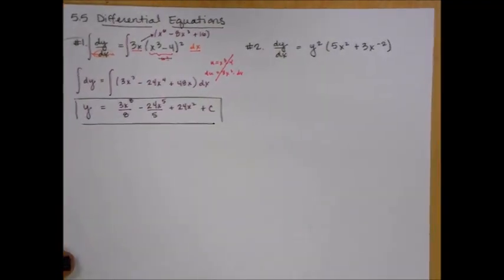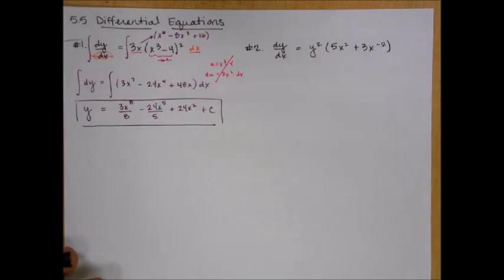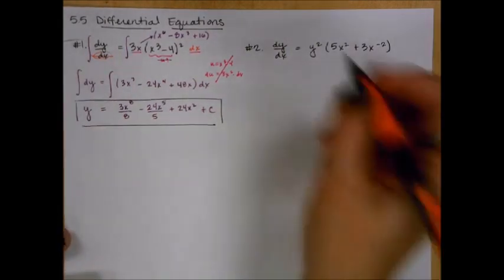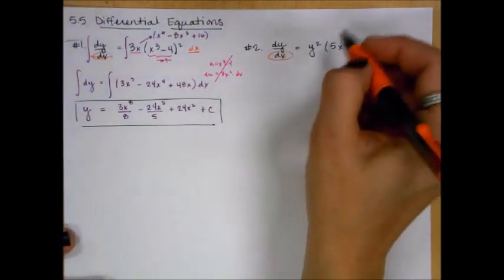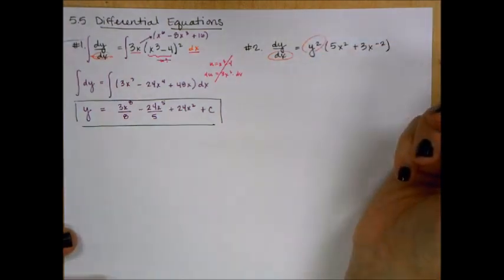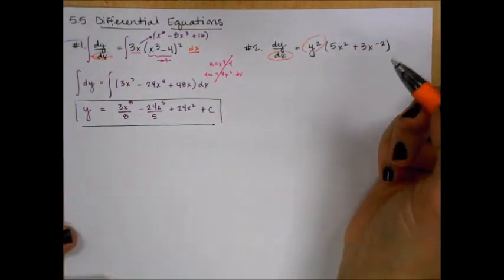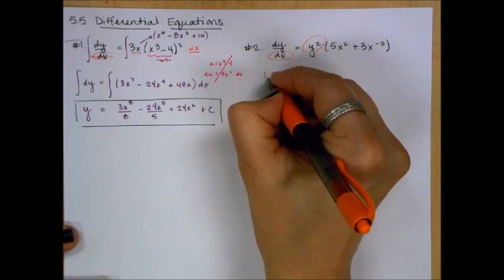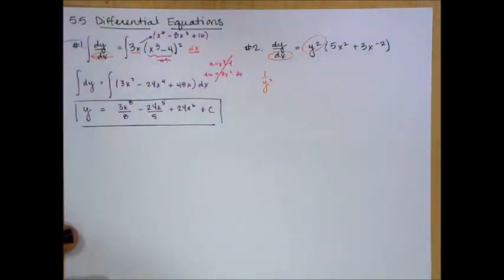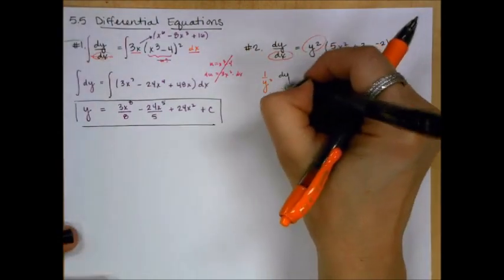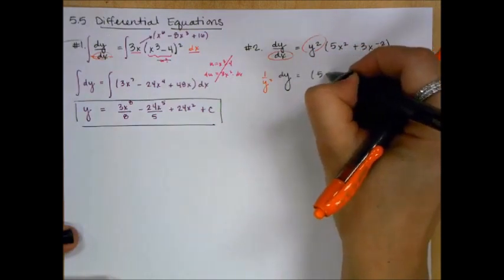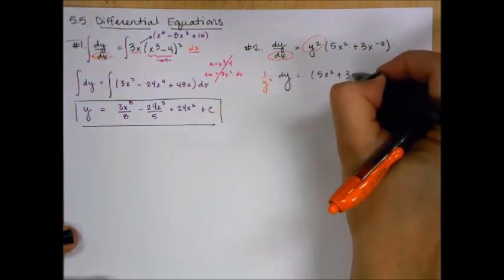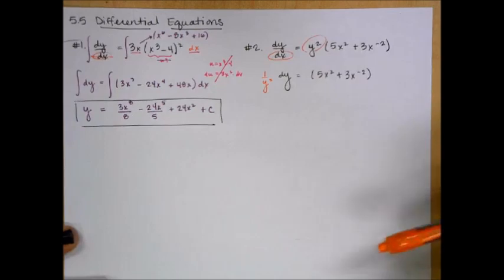All right, moving on to problem number 2, we have 2 variables. So we have to multiply dx over to the right. We also need to divide y squared over to the left. So 1 over y squared dy leaves me with 5x squared plus 3x to the negative 2 times dx.